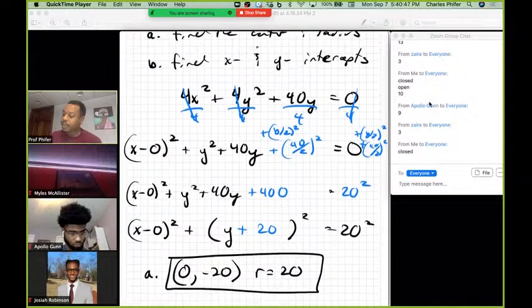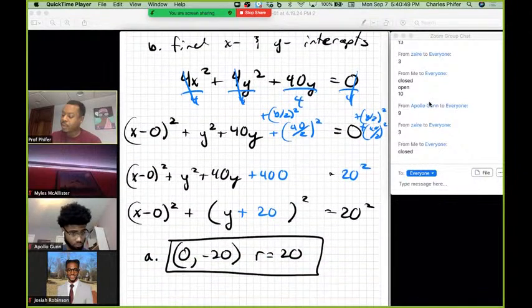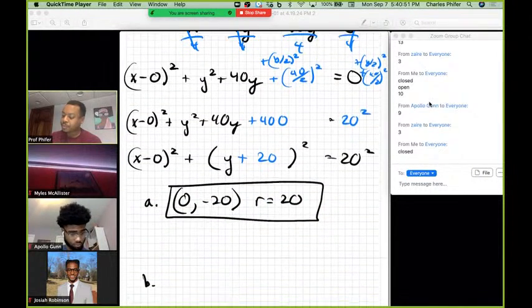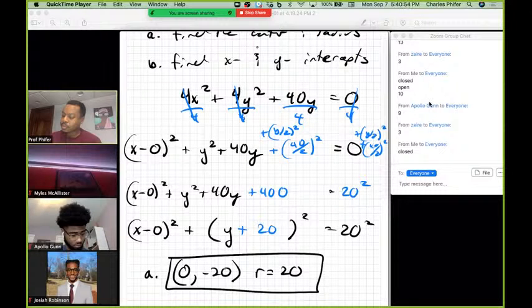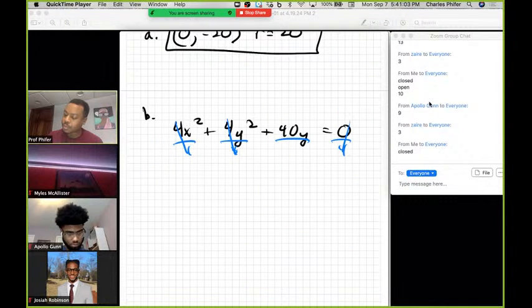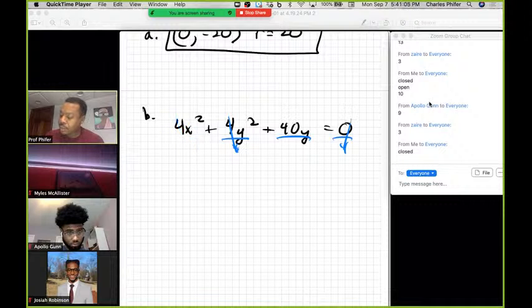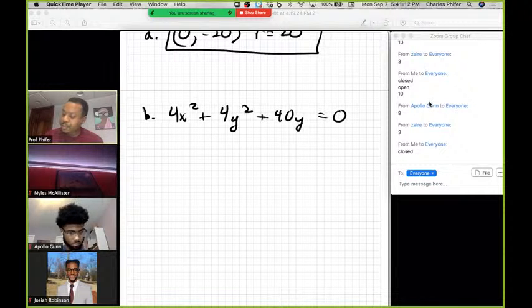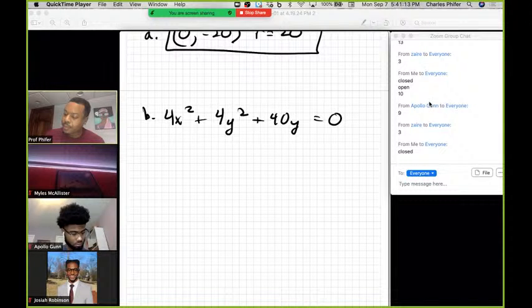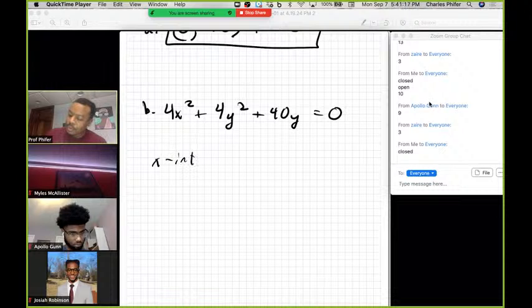For part B, for the X-intercept, we set y to 0. Let me get a copy of the original. Let me get rid of all the stuff I'm not using. Okay. So again, for the x-intercept, we set y equal to 0, right?